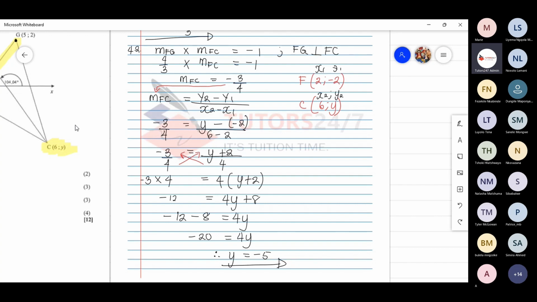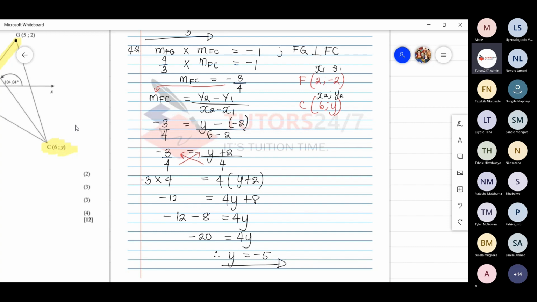Once I found the gradient of FC, we did the reverse of what we normally do. So normally we don't have the gradient and we substitute the x and y values and we obtain the gradient. But in this particular case, we did not have one of the y values, but we had the gradient.